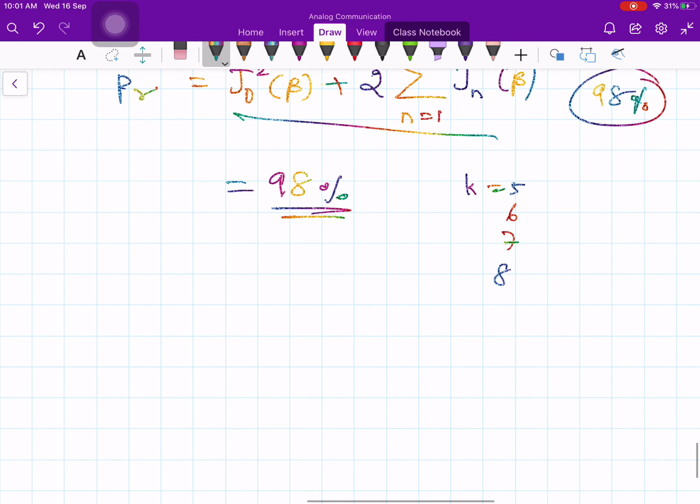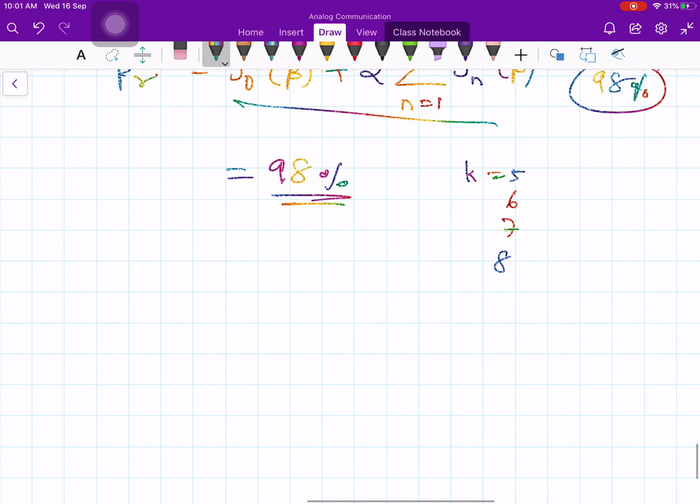Now, for a given application, the bandwidth is defined for a specific value of power ratio. It is not a uniform definition. It depends on the beta value, and for whatever value you select, the bandwidth will then become... what is the bandwidth now?